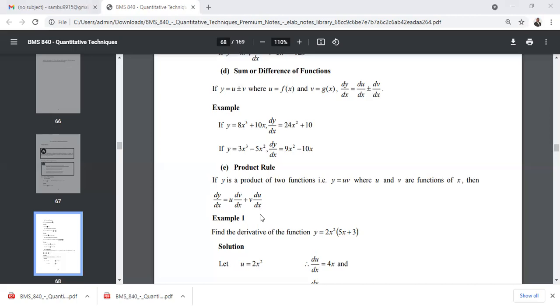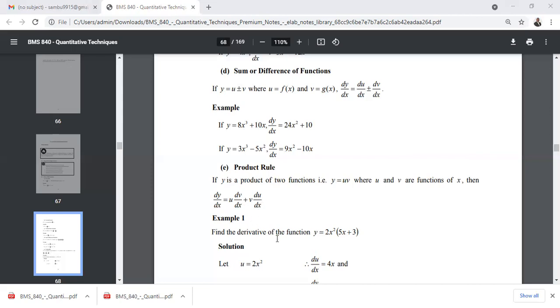Can someone note the difference? What's the difference in this formula, the product rule? Kindly note, because this is the most common error that students make. Not u du over dx, then v dv over dx. No, we interchange them. It's a product rule. Are we together?